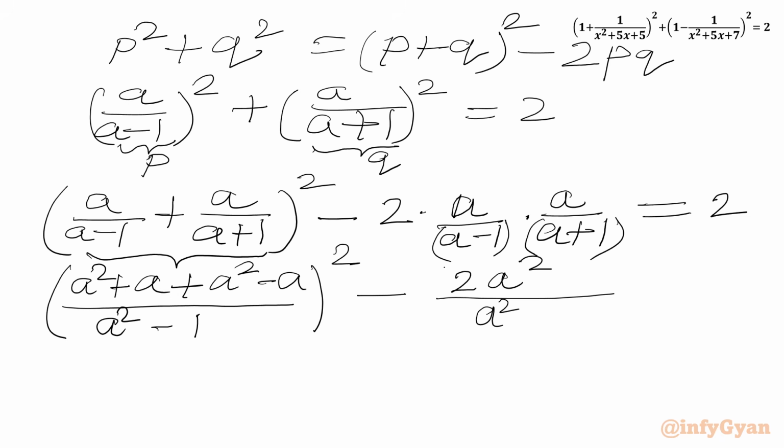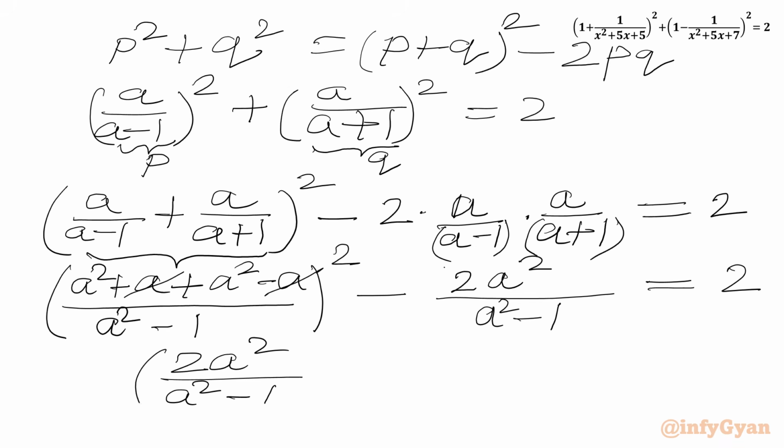So we will get again a square minus 1, RHS is 2, plus a minus a will get over. We will get the equation 2a square over a square minus 1 whole square minus 2a square over a square minus 1 equal to 2.